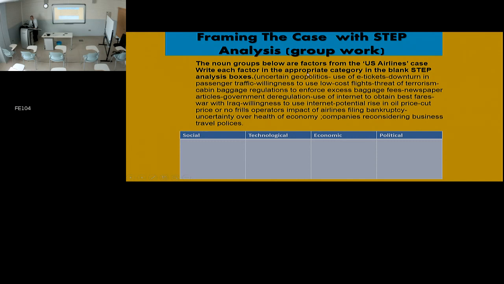All these are examples of STEEPLE analysis, and you need to classify them. For example, if we say use of e-tickets, E here refers to what? It refers to technological.